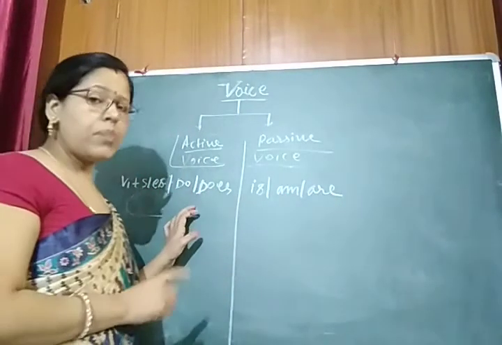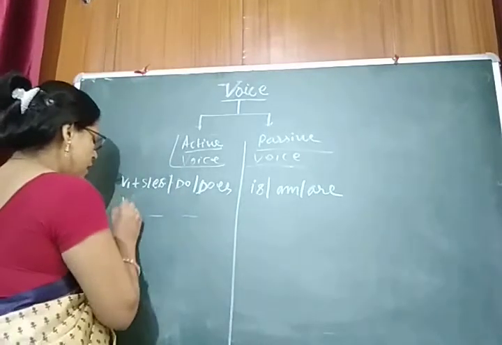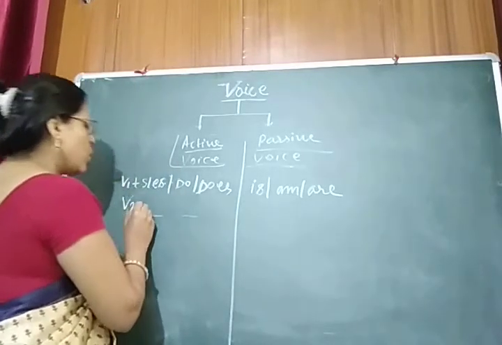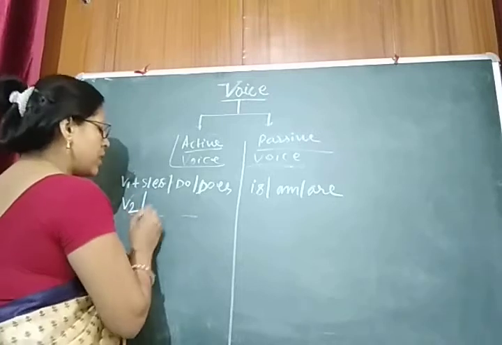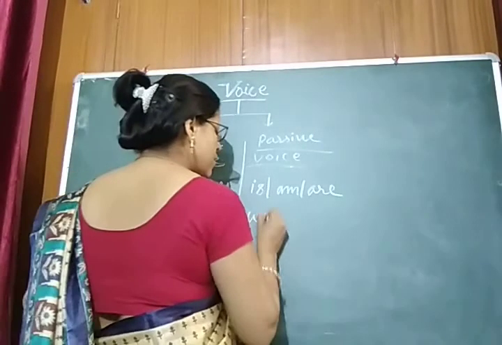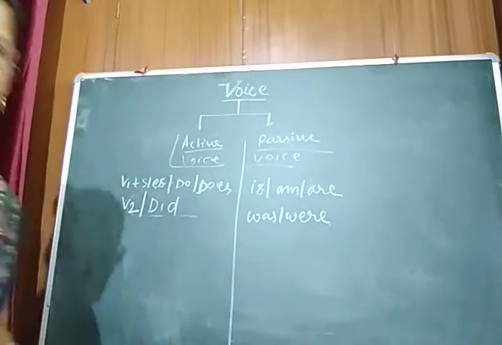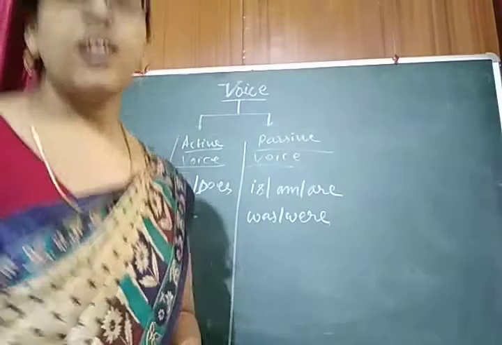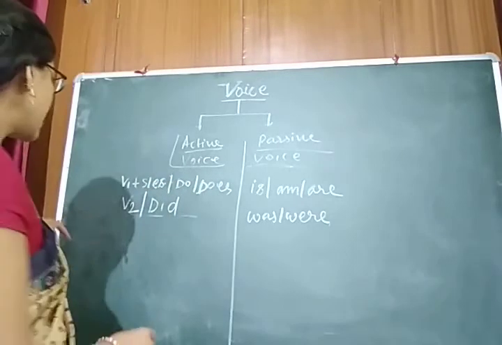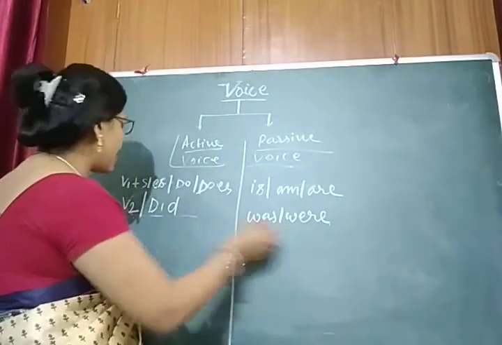Your concept will be clearer when I give you sentence examples. Here, if you get anywhere V2 or did, then here was and were. I'm sorry for the interruption. So here V2 and did, then here you will write was and were.